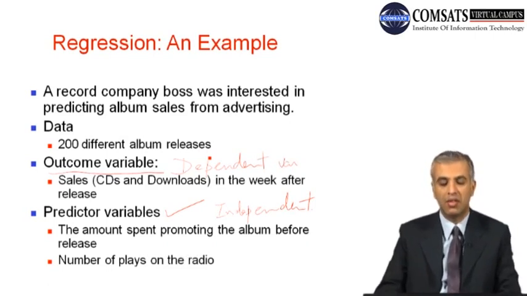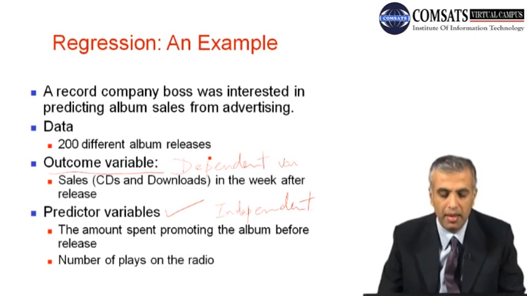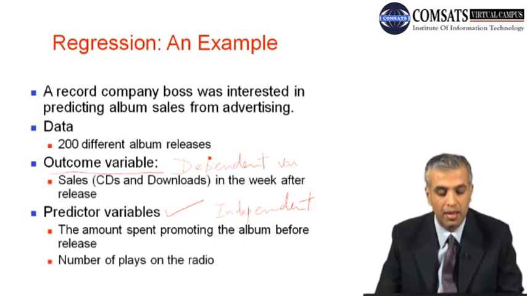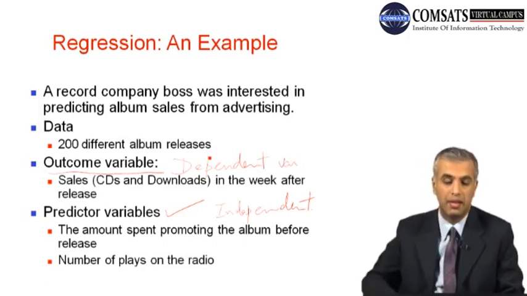The predictor variables comprised two independent variables: the amount spent on promotion, in other words the advertisement money, and the number of plays on the radio, or airplay.